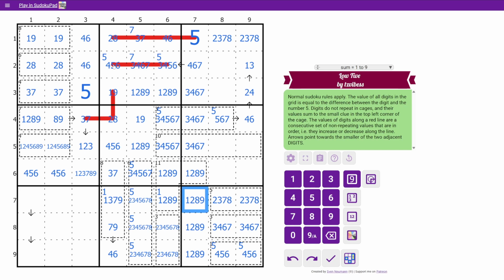This can't be 2. Neither can that. Oh, yes, it can. This one cannot. So this must be 0. And this must be 1, which is 4, 6. This must be 2, which is just 3 left. That one is now 7.